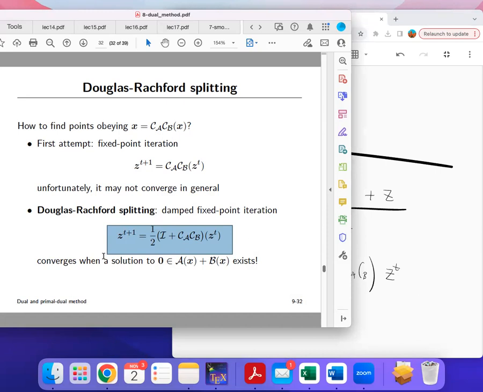And it can be shown that by modifying the fixed point iteration in this way, this iteration can converge to the solution, to the zeros of this inclusion equation. So we call this algorithm the Douglas-Rachford splitting algorithm.